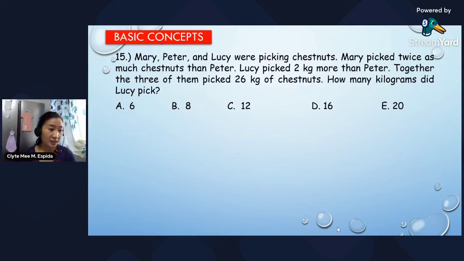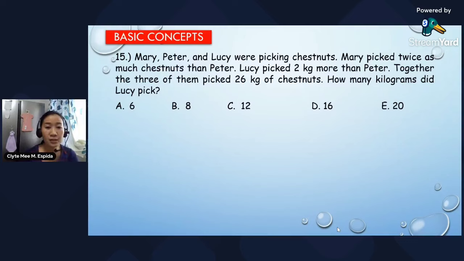So Mary, you will let Mary be the unknown first, or let represent it with any letter or any variable. So let's have X. So Mary is X. So sinabi doon, Mary picked twice as much chestnuts than Peter. Si Peter pala yung X. So Peter is X. So Mary would be 2X.